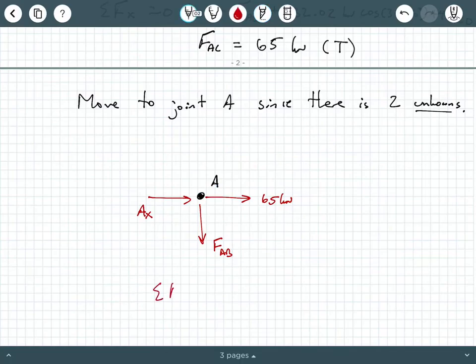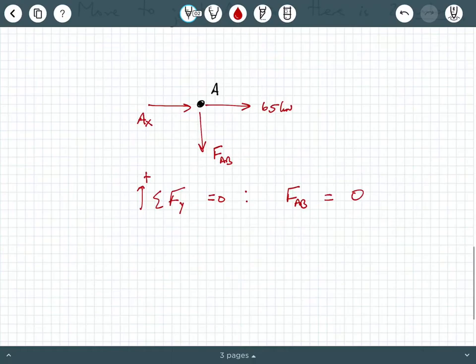Okay, so here we can say the sum of the forces in the X direction, the sum of the forces in the Y direction equals 0. And when we do that, we should end up getting FAB is 0. Nothing else is in the Y direction, just FAB. And if we wanted AX, we definitely could get it by summing forces in the X direction. In fact, it would be 65 kilonewtons pointing to the left.